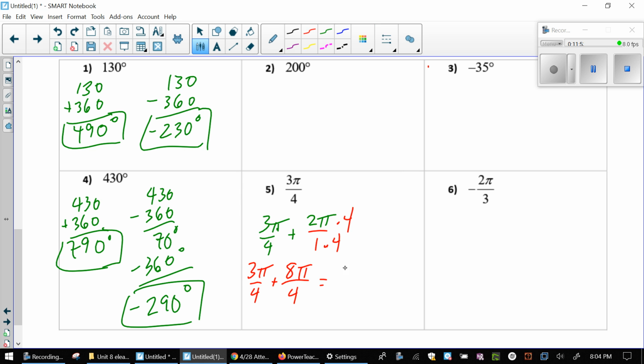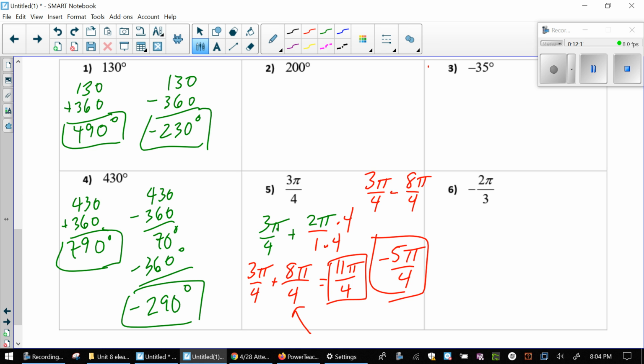And now I can add my numerators and keep my denominator the same. There's my positive. Now when I do my negative, I already have my common denominator. So just do this again. 3 pi over 4 minus 8 pi over 4. 3 minus 8 gives me negative 5 pi over 4. And there's our negative.